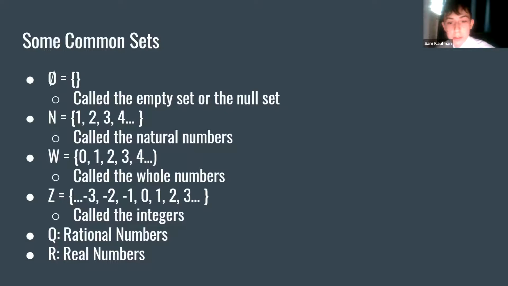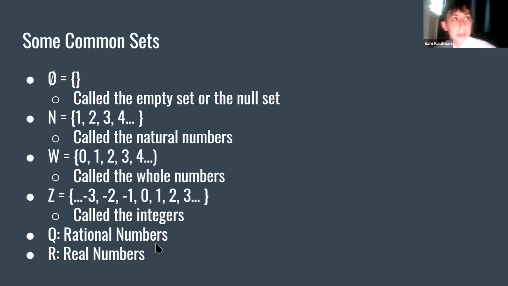So all the integers from 1 and greater. The whole numbers are like the natural numbers, but they also include 0. And the whole numbers are represented by a W. The integers are represented by Z, and that's 1, 2, 3, and so on, 0, and then all the negative ones. And then Q is the rational numbers, and R is the real numbers.